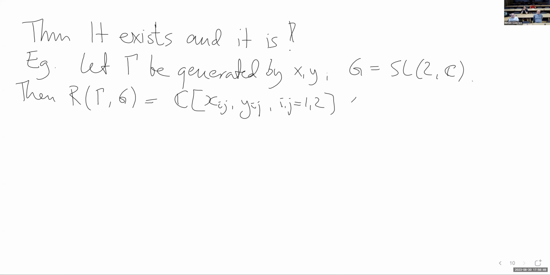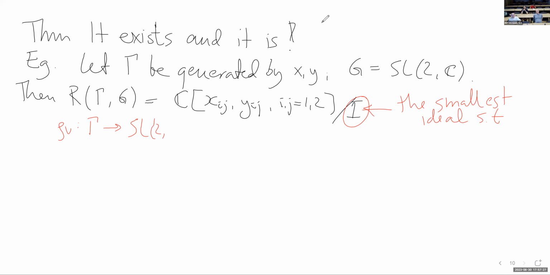It has to be quotiented by some ideal I, the smallest ideal such that this homomorphism rho u from gamma to SL2 of R exists.